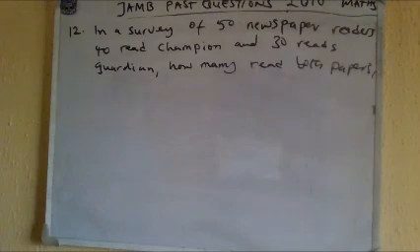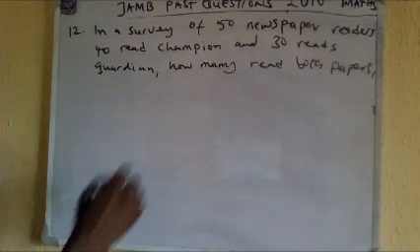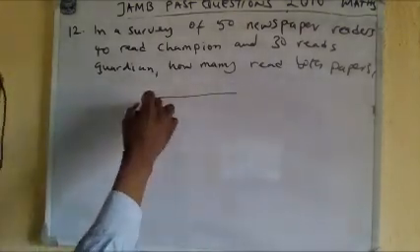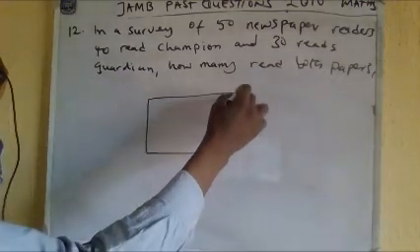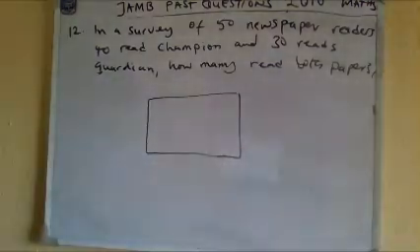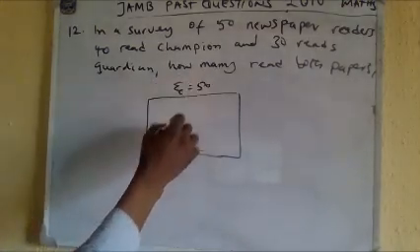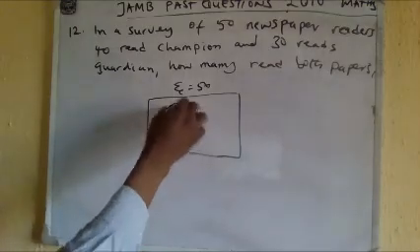So we'll look at it. First of all, I like to draw the Venn diagram. I'm a Venn diagram person. So this is the universal set, and that is 50 of them. They have just 2 sets of people there.